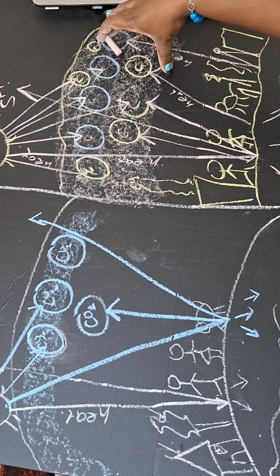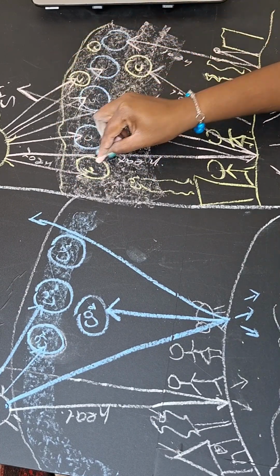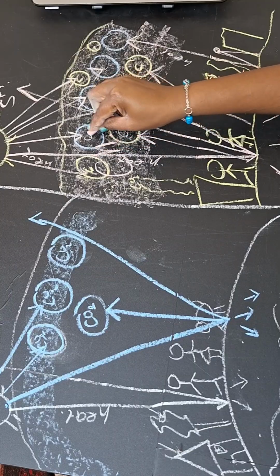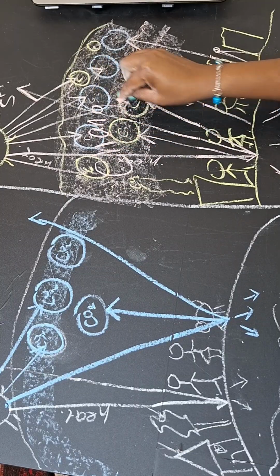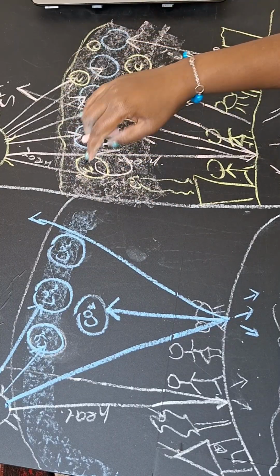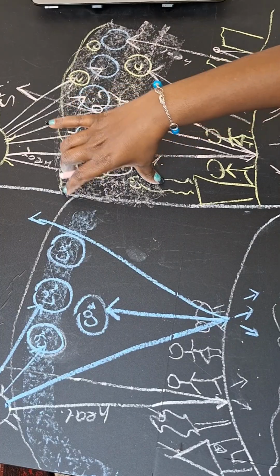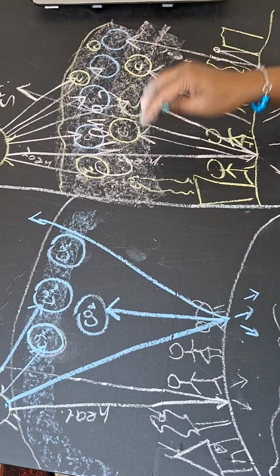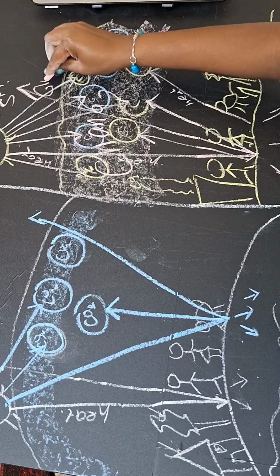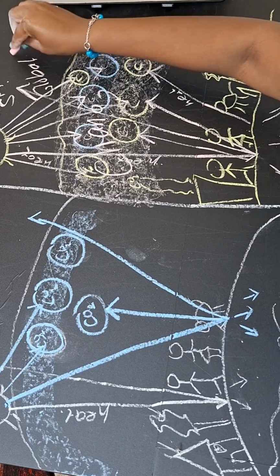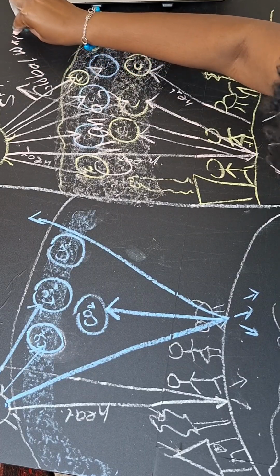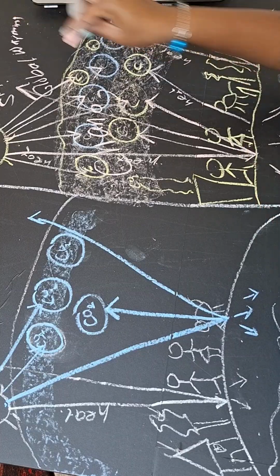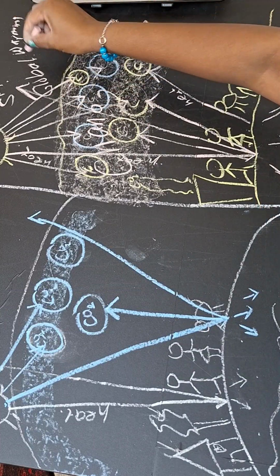This excess heat is what is causing climate change. So this phenomenon where we produce so much carbon dioxide and trap excess heat is what is called global warming.